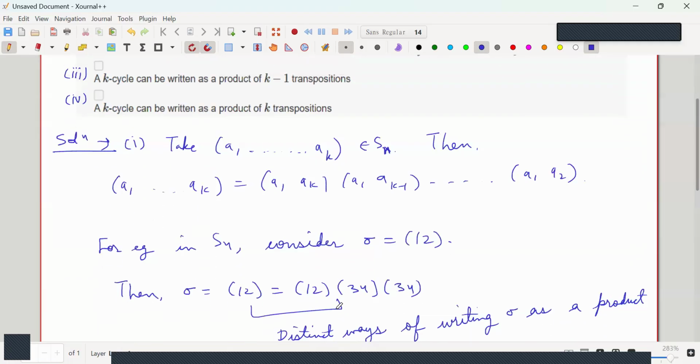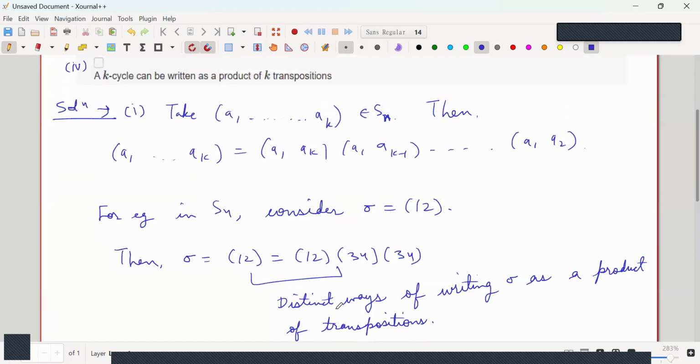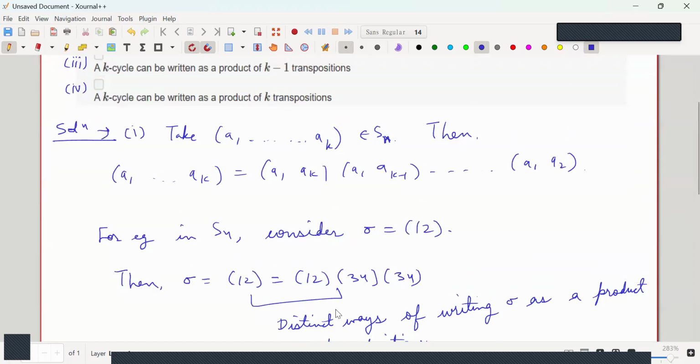And the proof is basically you write every cycle as a product of transpositions. Now every permutation is a product of disjoint cycles. So you just keep on writing the cycles as transpositions and that will do. But here the word uniquely is there, which creates the problem. Okay.